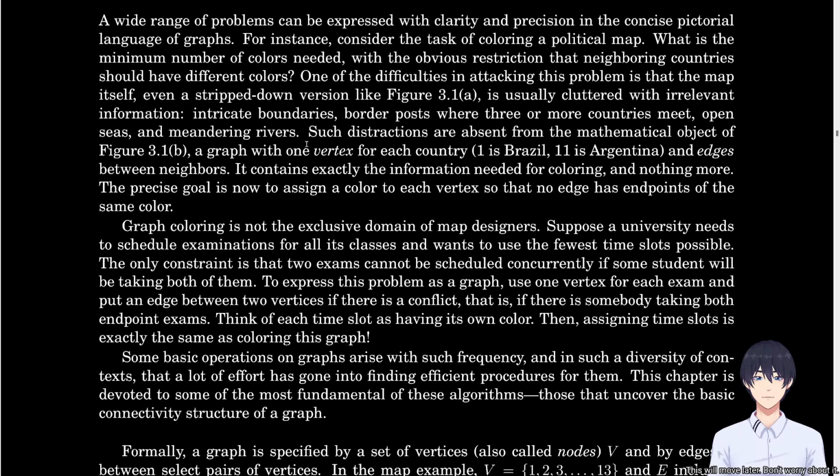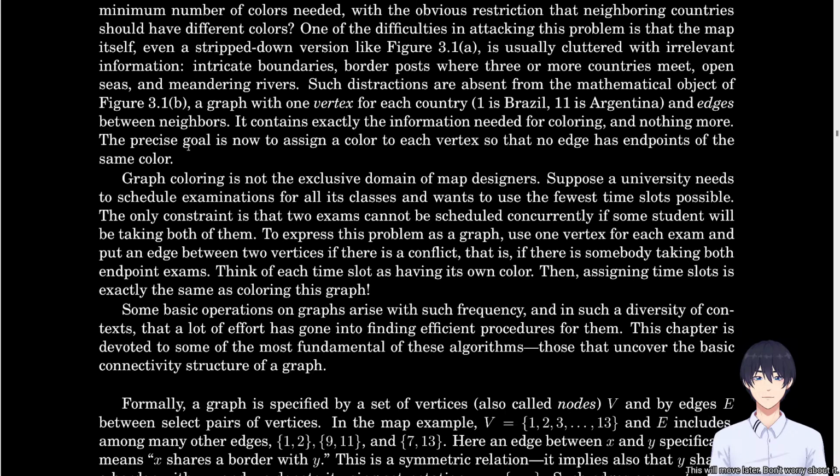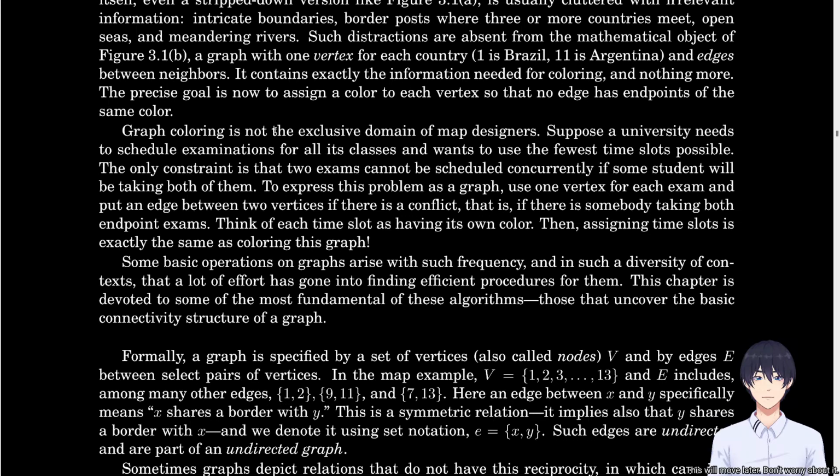So obviously you should simplify it to only the relevant parts. Yes, such distractions are absent from the mathematical object of figure 3.1b, a graph with one vertex for each country. Okay, graph coloring is not the exclusive domain of map designers.